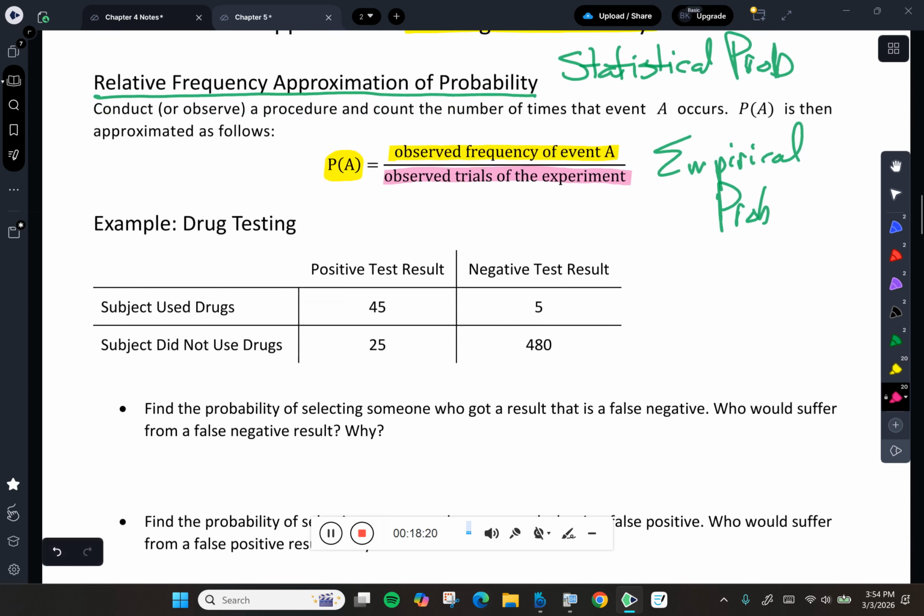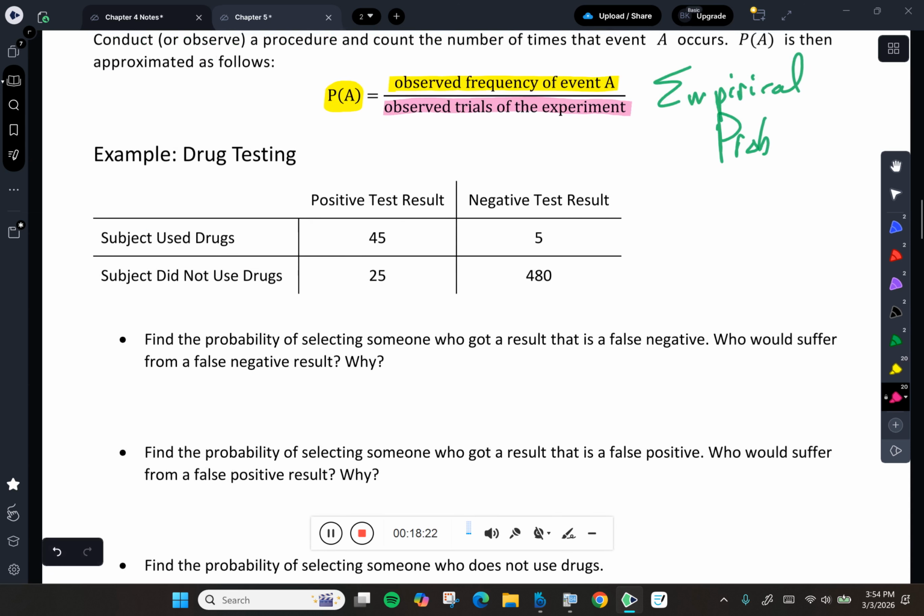All right, let's take a look at an example here. Here's our example about drug testing, and I have what is called a 2-way table. It has rows and columns, and each row and each column represents a different label. All 4 cells in this table represent a relationship between the column header and the row header.